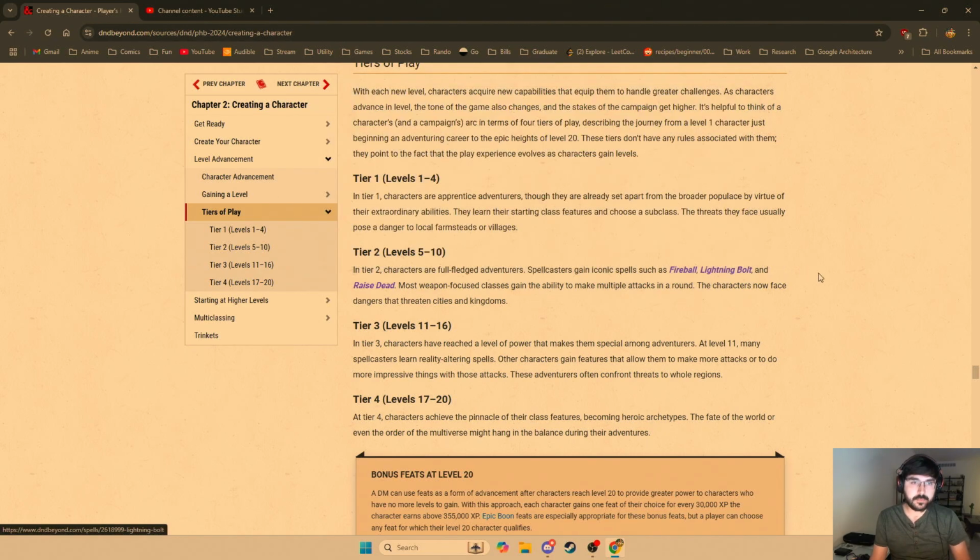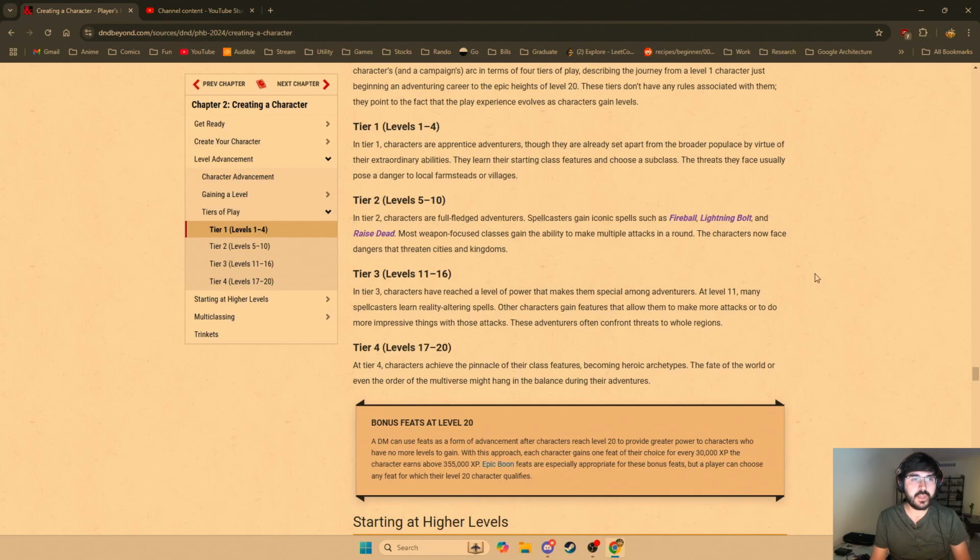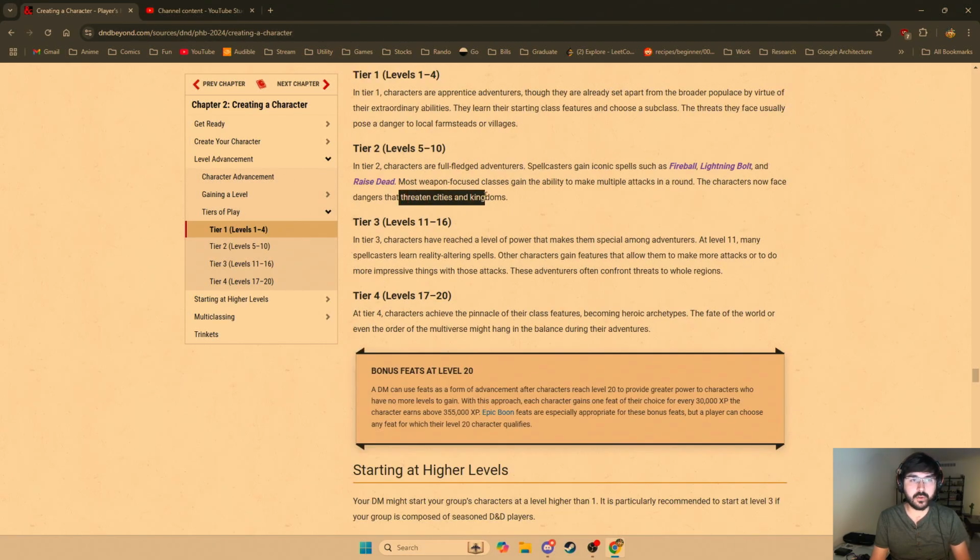Well, maybe they're not considered veterans, they're considered experienced. You're going to have some of the more iconic equipment. They're starting to become dangerous. They are proficient at what they're doing. So you can run into problems that are like city level, kingdom level. Of course, this can vary depending on setting and everything else.